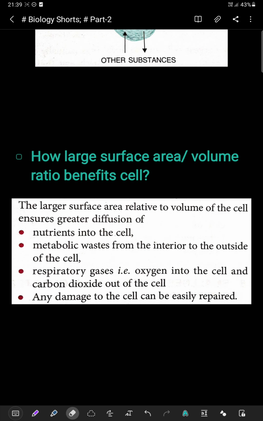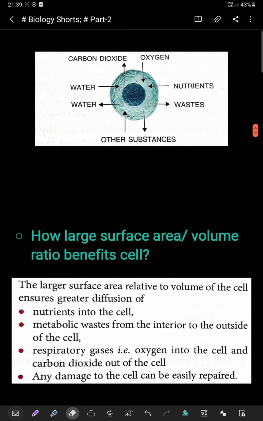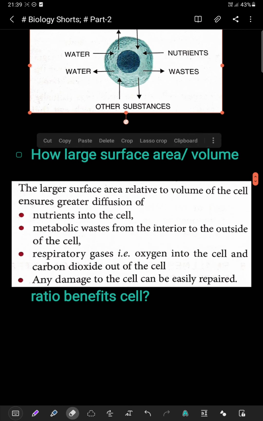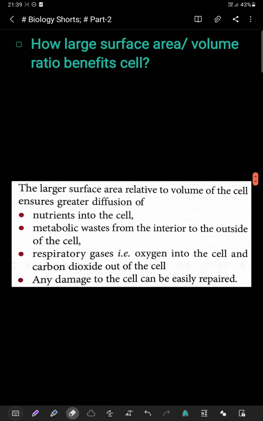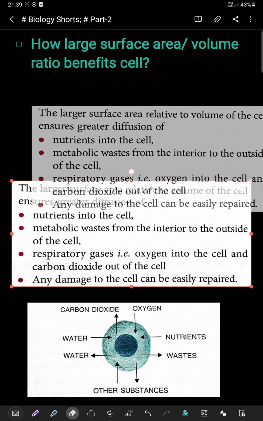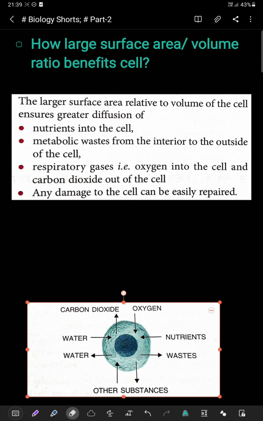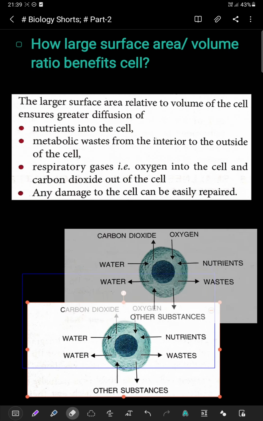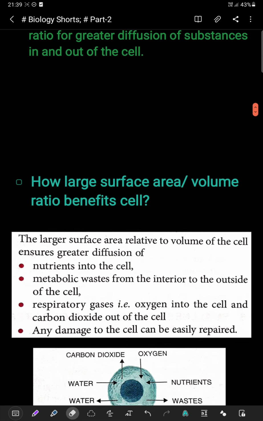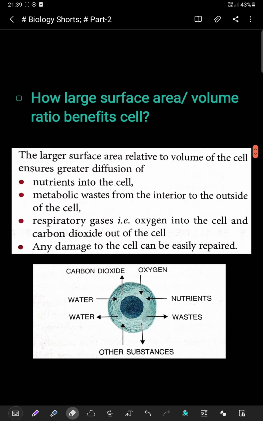There are different points related to it, and for this understanding we need to look at this figure also. Let me take this figure here, and then we will understand the process.